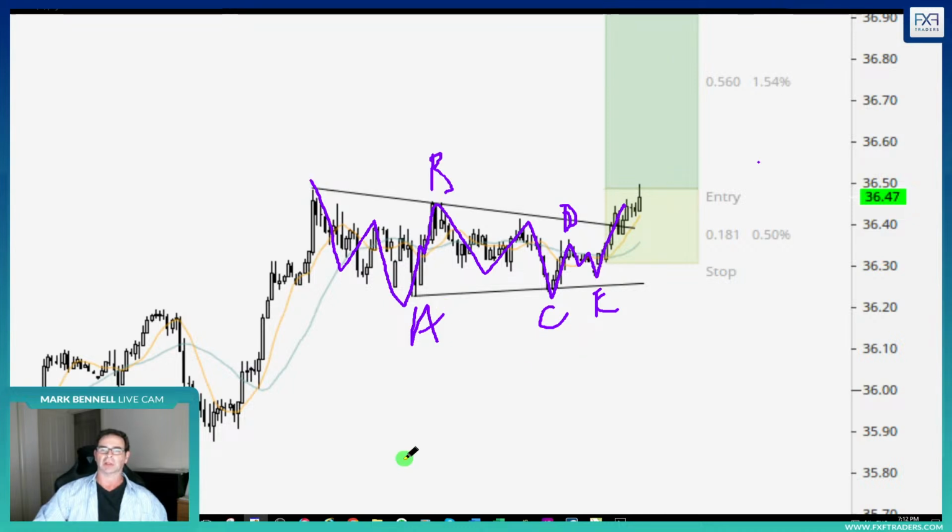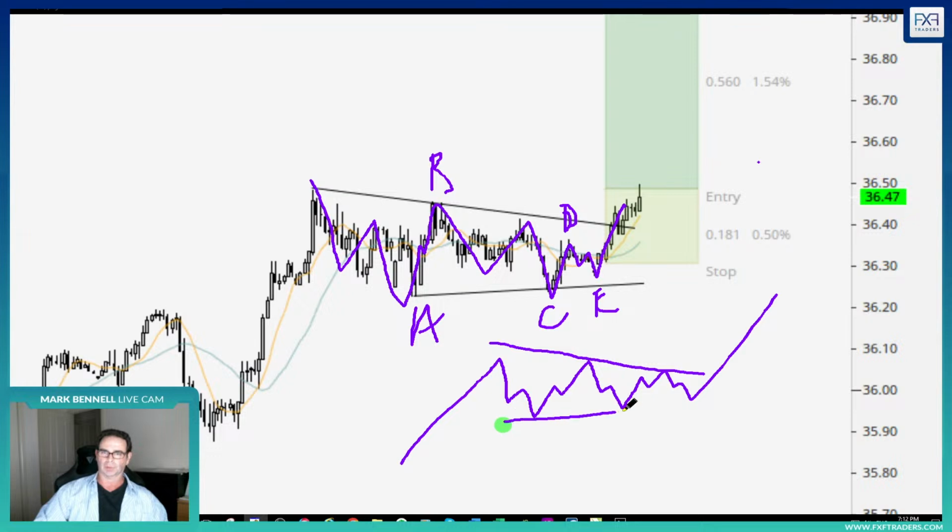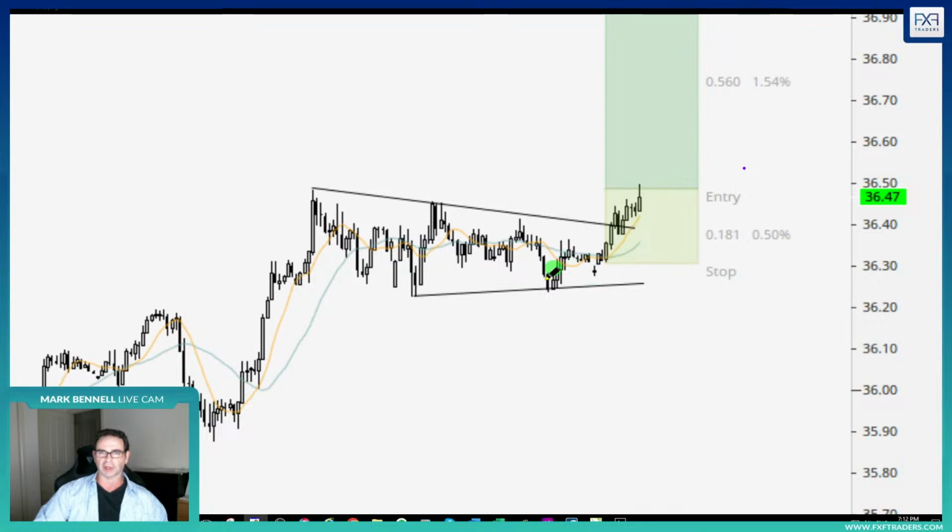All right. So a lot of times triangles are 5 wave patterns with 3 sub waves in between. But you've got to dig deep to find them. C, D, and E. Okay. So when we see that, we're looking for E to finish and move.